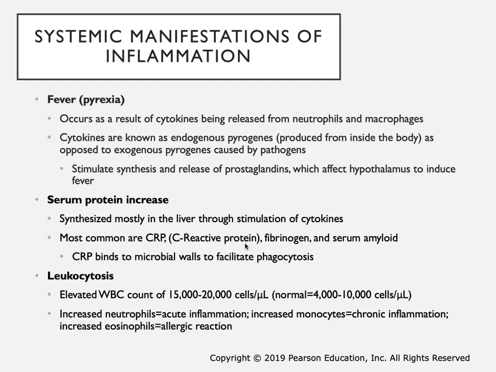These are known as endogenous pyrogens. They're inducing the fever, and they're endogenous because they're produced from inside the body. These will stimulate synthesis and release of prostaglandins, and then the prostaglandins will directly interact with the hypothalamus to induce the fever, but it's the cytokines that are initiating that process.